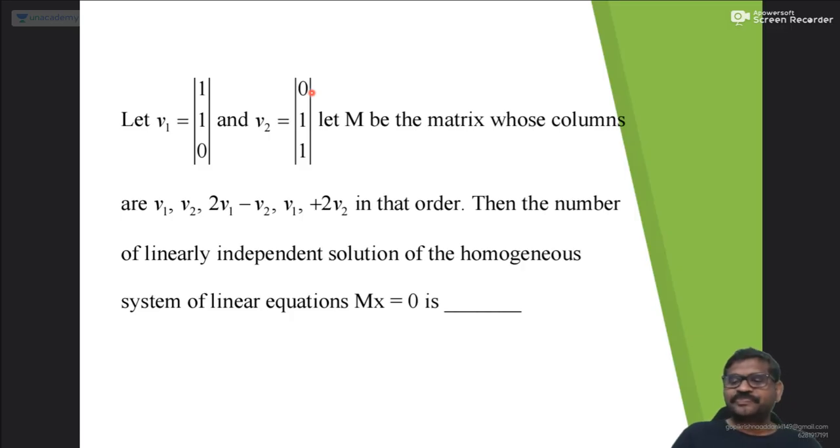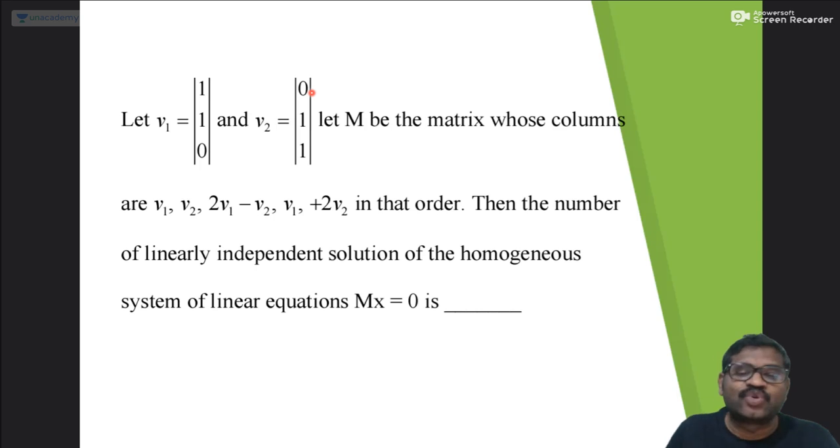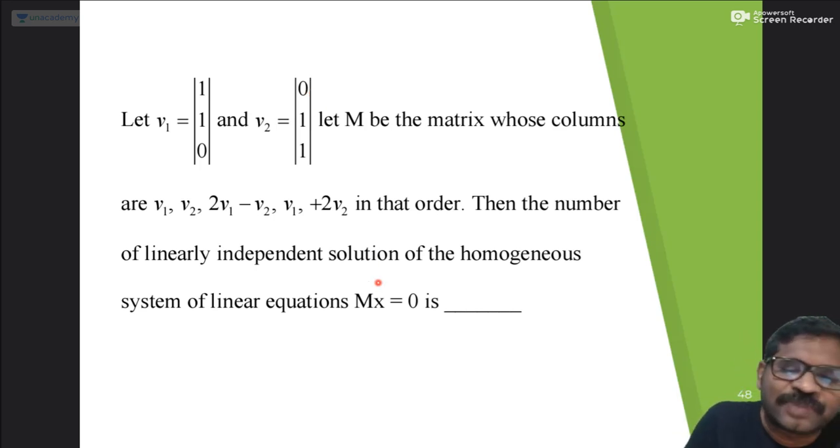Now, observe the problem. V1 is a column vector, 3 cross 1 vector. V2, (0, 1, 1), is also a column vector. Let M be the matrix whose columns are V1, V2, 2V1 minus V2, V1 plus 2V2.